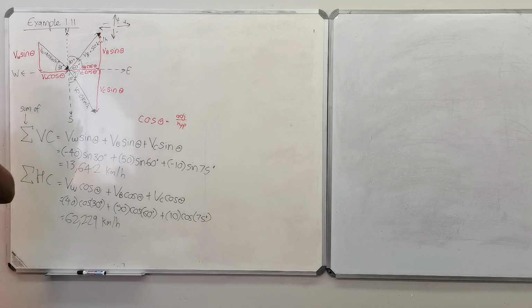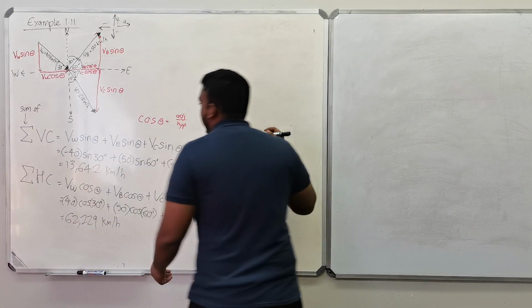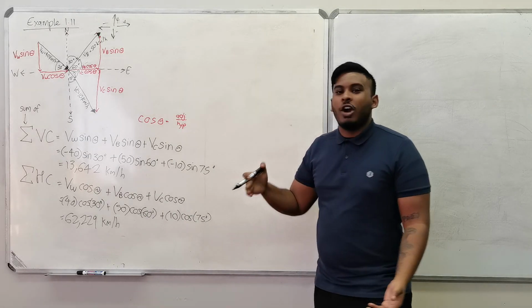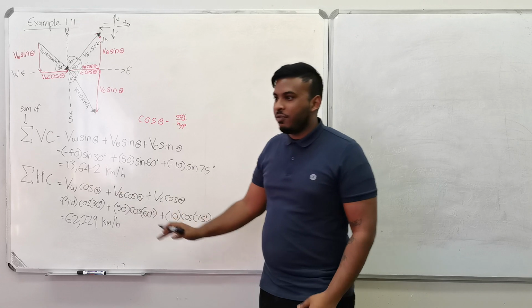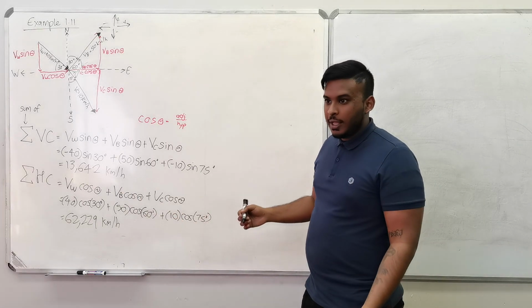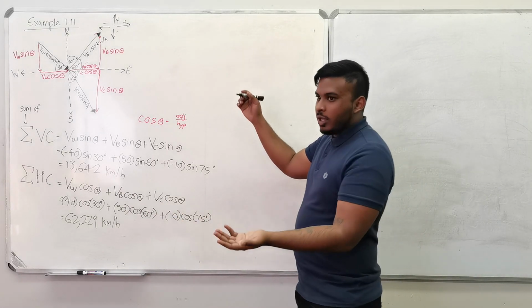So what did we work out, guys? We worked out the horizontal and the vertical components. What do we use those two values for? Pythagoras theorem, right? So your vertical component will be in what direction? In your north or southerly direction. Because this value is positive, which way will it be going? North.